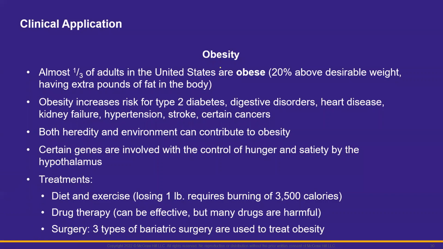Now, what is obesity? Obesity is considered when someone is 20% over the desirable body weight. Almost one third of adults in the United States are in a status of obesity.